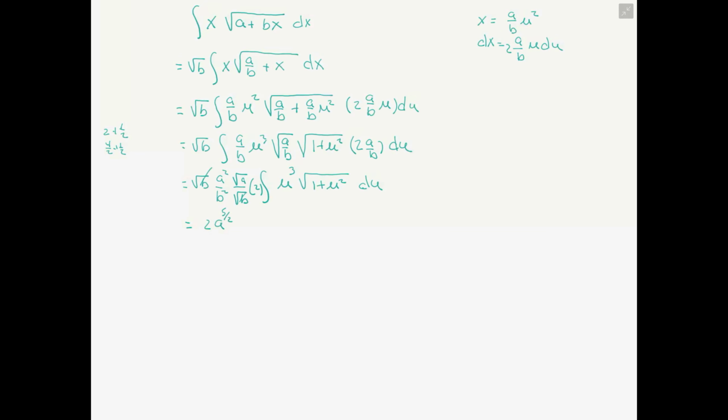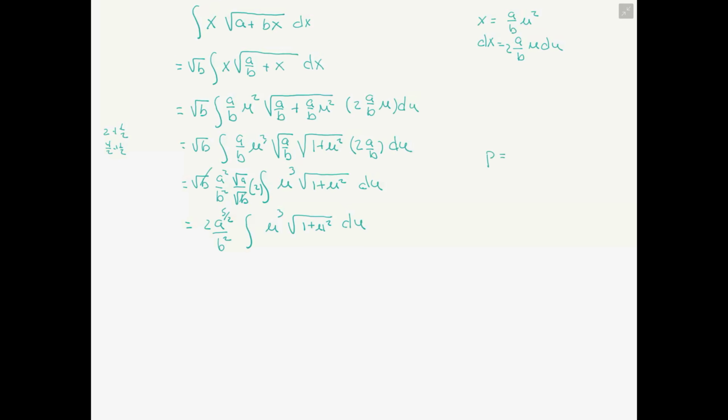So we have 2a to the 5 halves on b squared. All right, I believe that's all correct. And now we have u cubed, 1 plus u squared du.